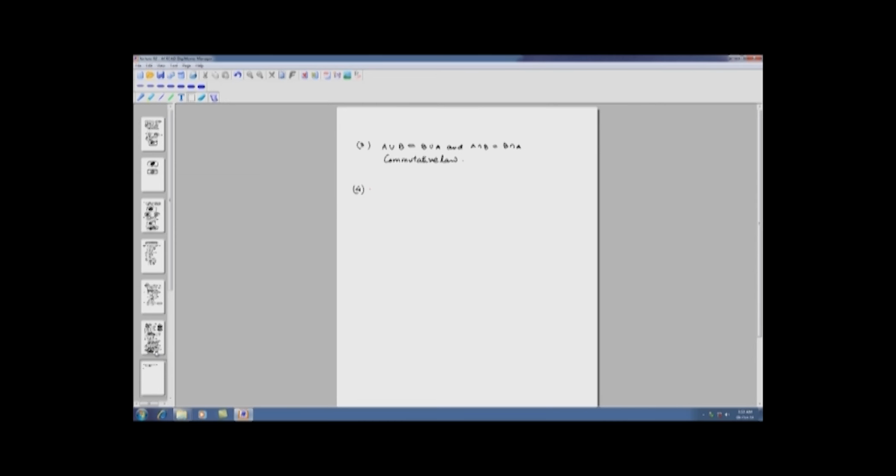For A union B union C is equal to A union B union C, and A intersection B intersection C is equal to A intersection B intersection C. These together are called associative law.